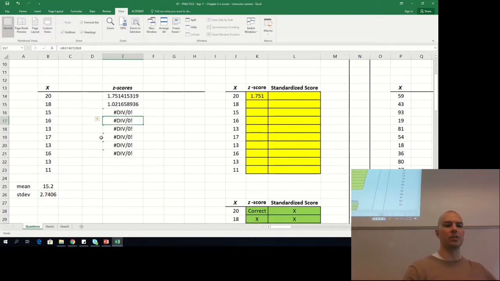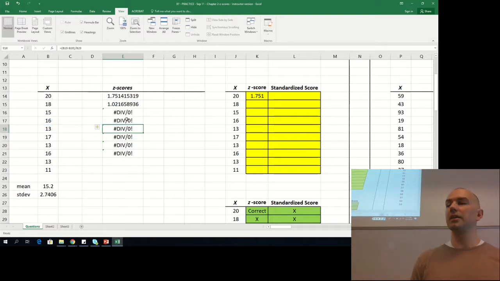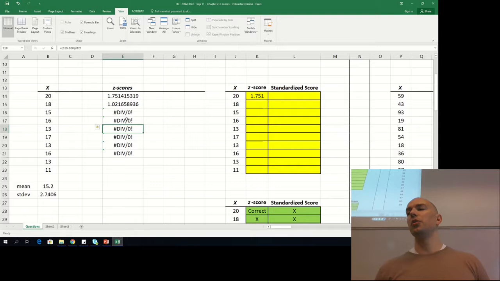It just gets worse as it goes, to the point where we're just grabbing the score, subtracting 0, dividing by 0, and that's why you get this #DIV/0!, which is Excel's way of saying, you want me to divide by 0, and that is undefined.